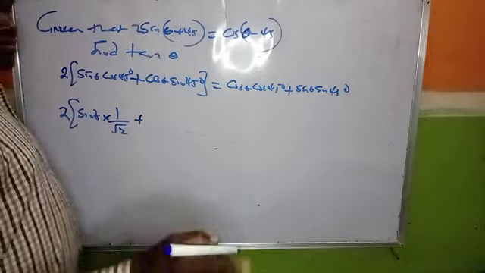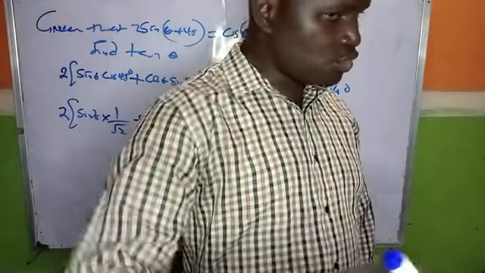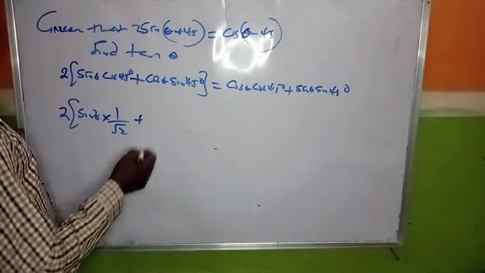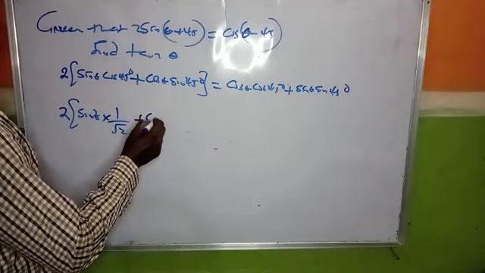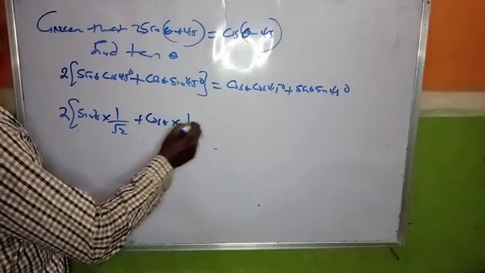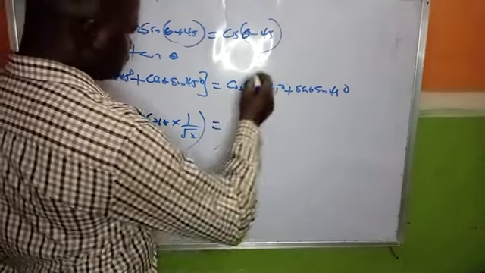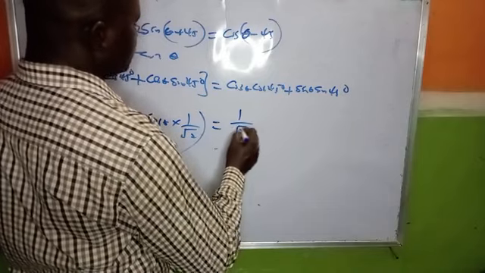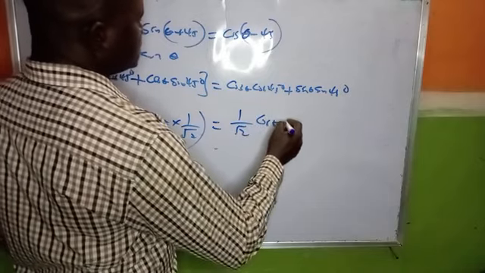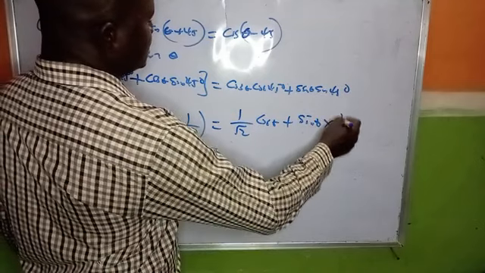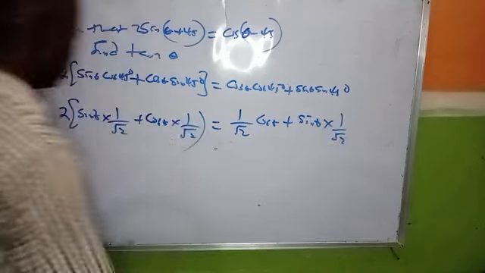So you know that sine 45 equal to cos 45. So for this, you will have cos theta multiplied by 1 over root 2, plus sine theta times 1 over root 2.